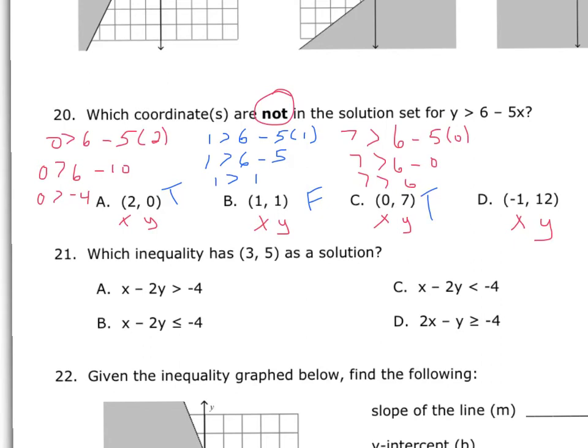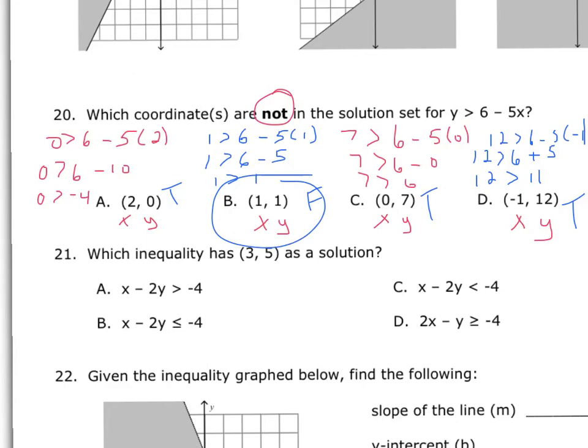Y is 12. We're saying that's greater than 6 minus 5 times -1. So -5 times -1 is +5. 6 plus 5 is 11. 12 is greater than 11. Yes, that is true. So which one is not in the solution set? B. That would not be one of the solutions.